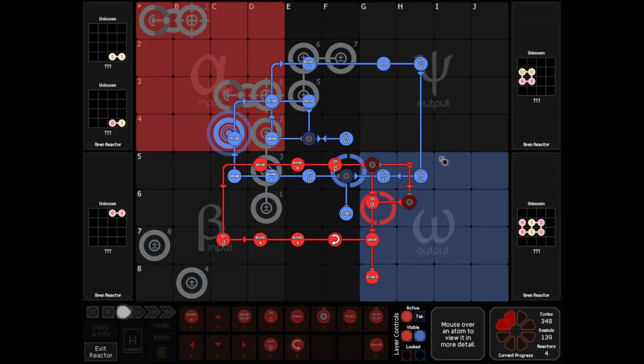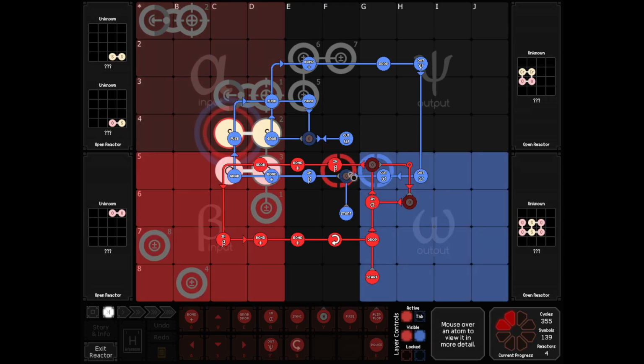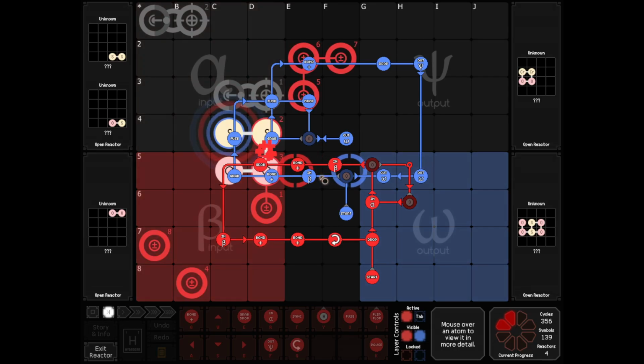This one is rather interesting. So red is currently inputting, and then both Waldos are sensing if there's oxygen right here. And since it is not oxygen but sulfur, the red Waldo will continue and the blue will continue stuck in its back and forth here.